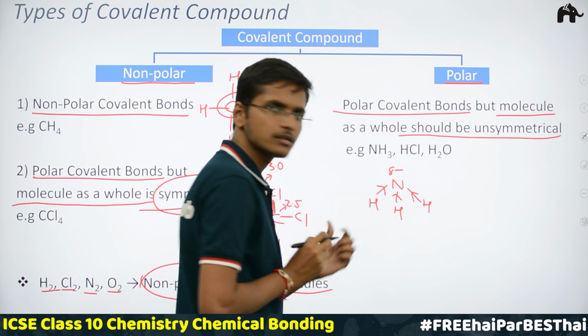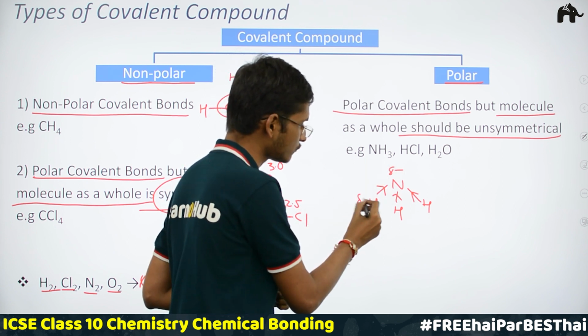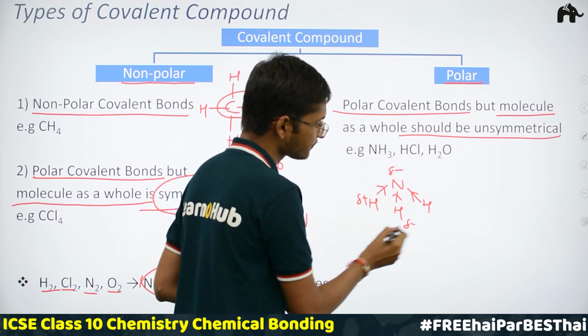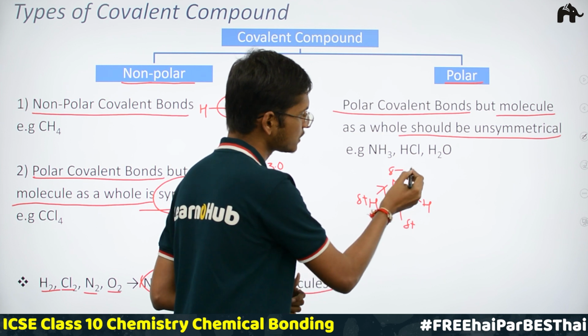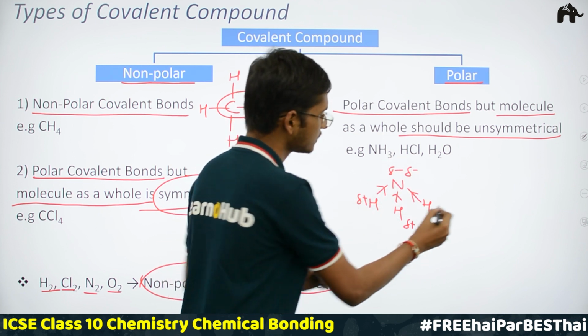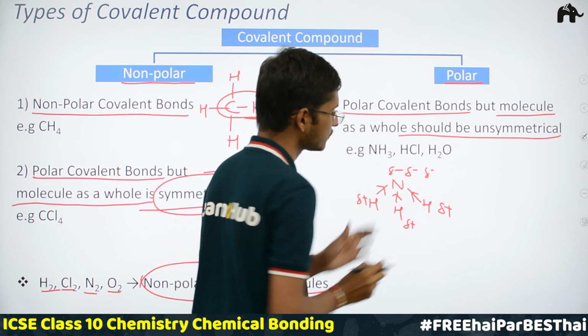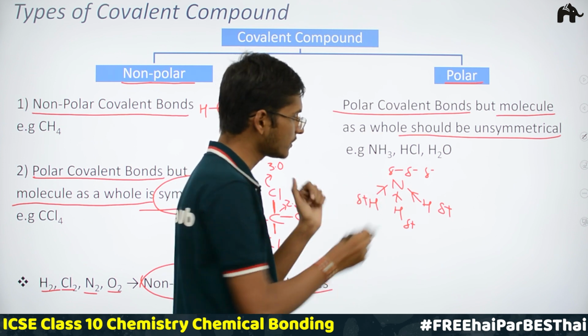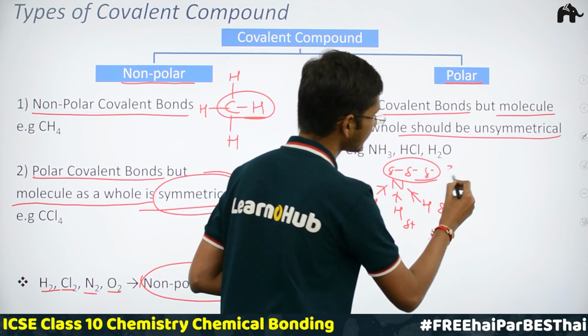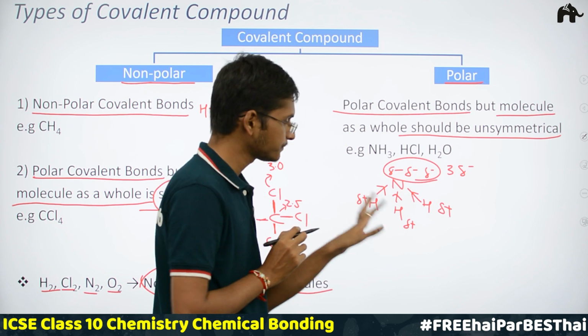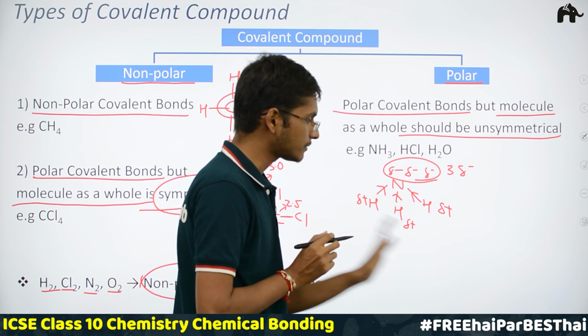Because of this, nitrogen develops a slight negative charge and hydrogen develops a slight positive charge. Similarly, here also hydrogen develops a slight positive charge and nitrogen a slight negative charge, the same way for each nitrogen-hydrogen bond. So three slight negative charges are developed at nitrogen and slight positive charges at hydrogen.